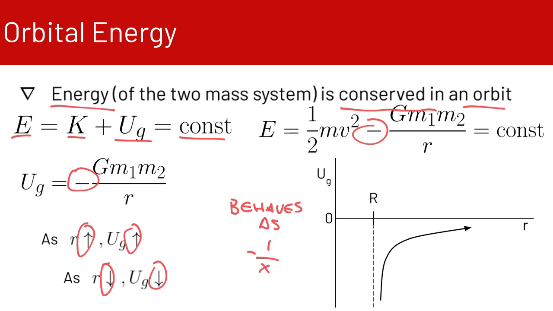So we've got this exponential curve here. So you can see as R is getting bigger, potential energy is getting bigger.